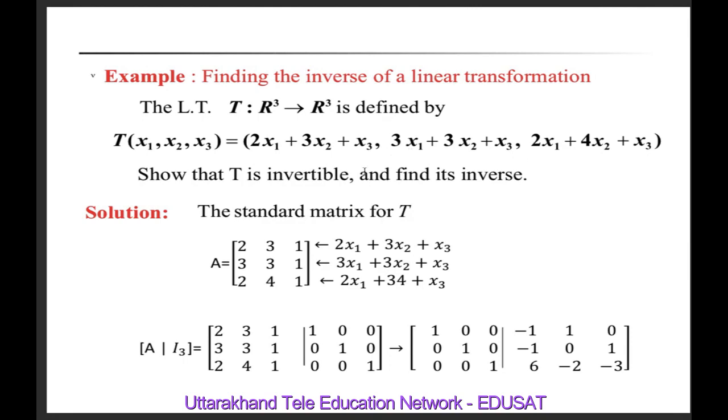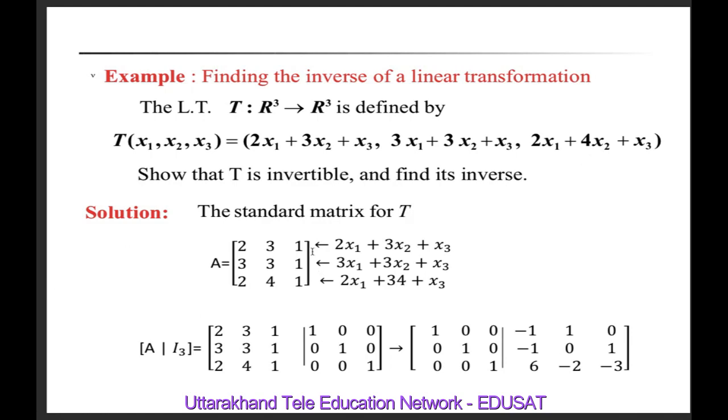So first of all, we will write the standard matrix. With respect to the usual basis, we can directly write the standard matrix by writing the coefficients of x1, x2, x3 of the first component in the first row, the coefficients of the second component in the second row, and the coefficients of 2x1 plus 4x2 plus x3 of the third component in the third row.